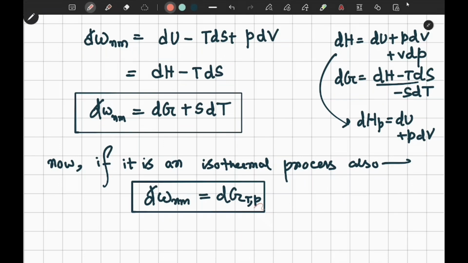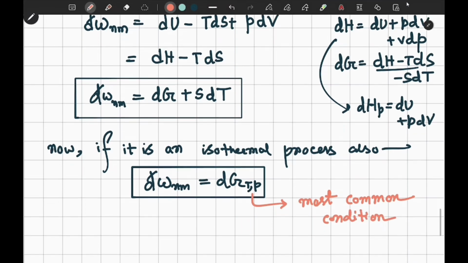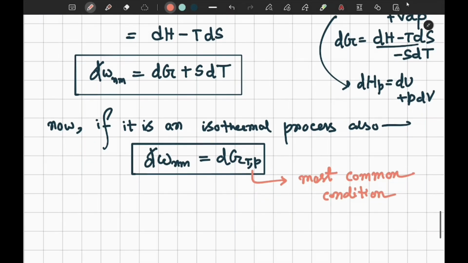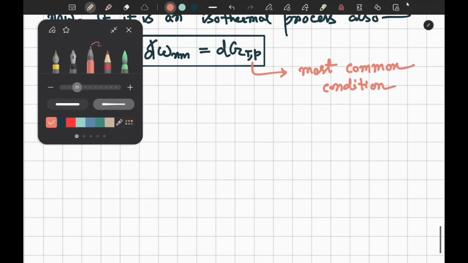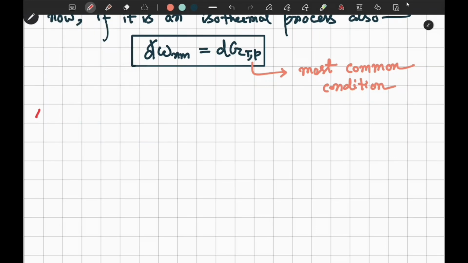Why is it important? Because this is the general case, the most common condition, you can say constant temperature and pressure. So that's why dG at T, P will be equal to the non-mechanical work. I think it's clear now. Now, next question. That's why that dG is that important.